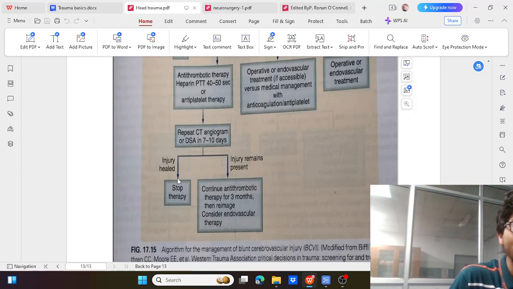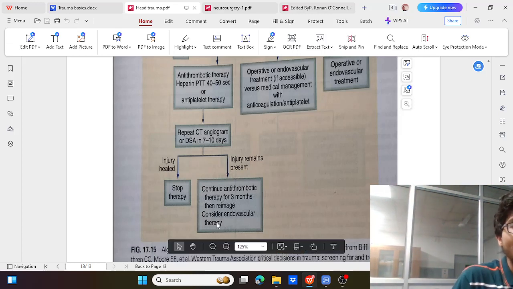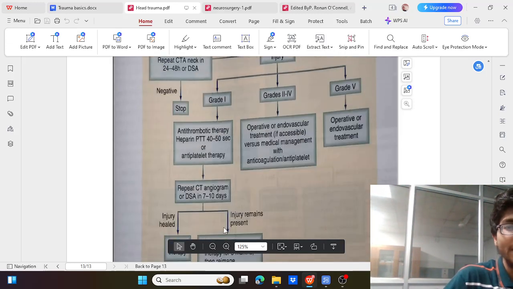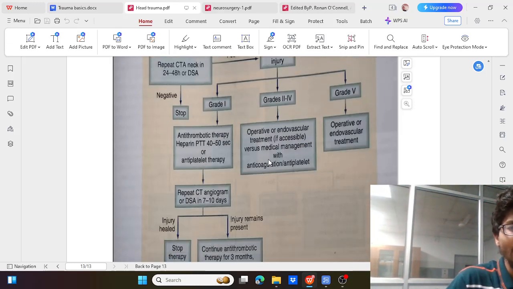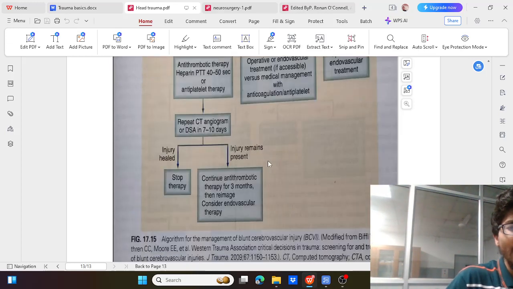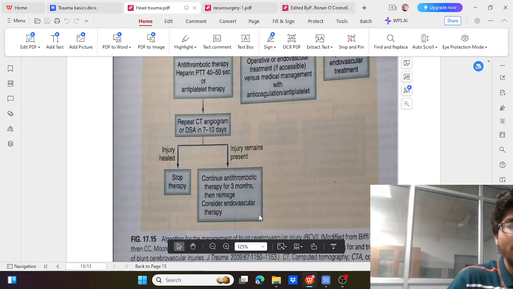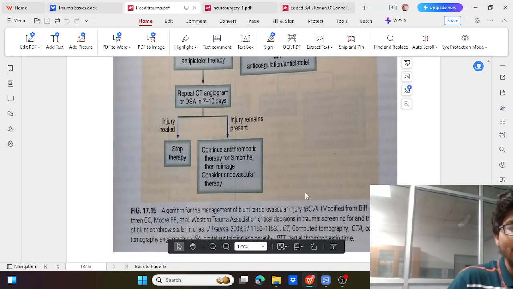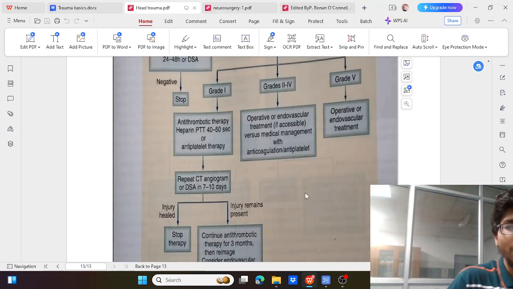If improved, normal, injury healed, then we'll stop. If injury persistent, then we'll continue antithrombotic for 3 months, then re-image, and later consider endovascular therapy. So endovascular coiling and all that stuff. Endovascular therapy in the form of stenting, most probably. I'll confirm and let you know.